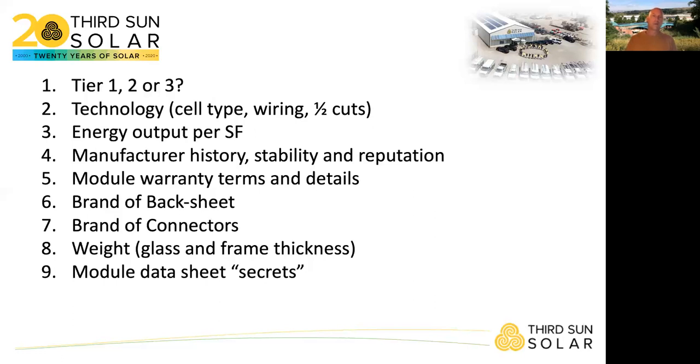The most important piece here is you're not just buying a system for today, you're buying a system for plus or minus 25 to 35 years. So you want this system to continue to put output out reliably over that time period. So we look at how long has the manufacturer been in business, how long have they been making modules, how stable are they as a company?